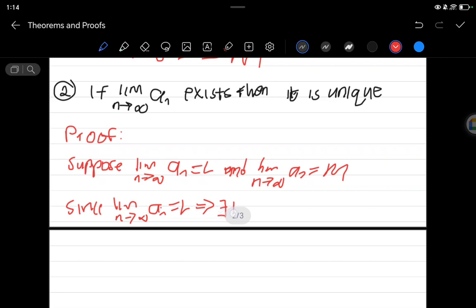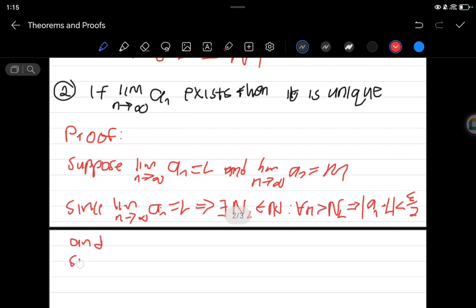There exists N, which I'll call N_L or N1, it's up to you, which is an element of the natural numbers, such that for all n greater than N_L, the absolute value of a of n minus L is less than epsilon over 2.